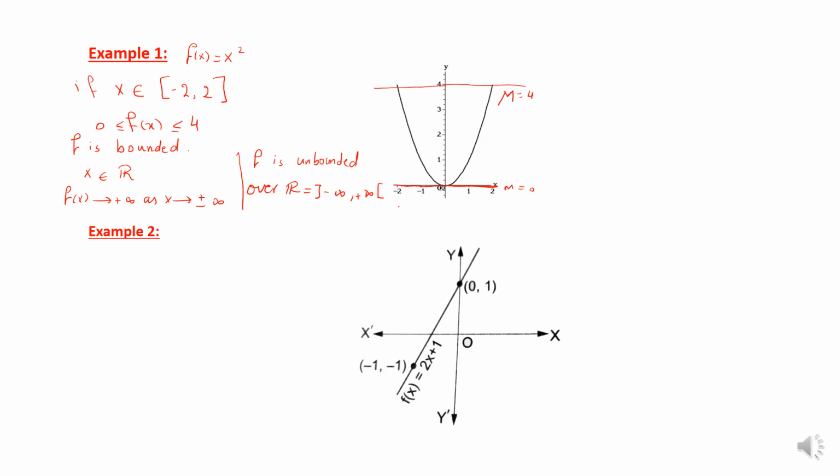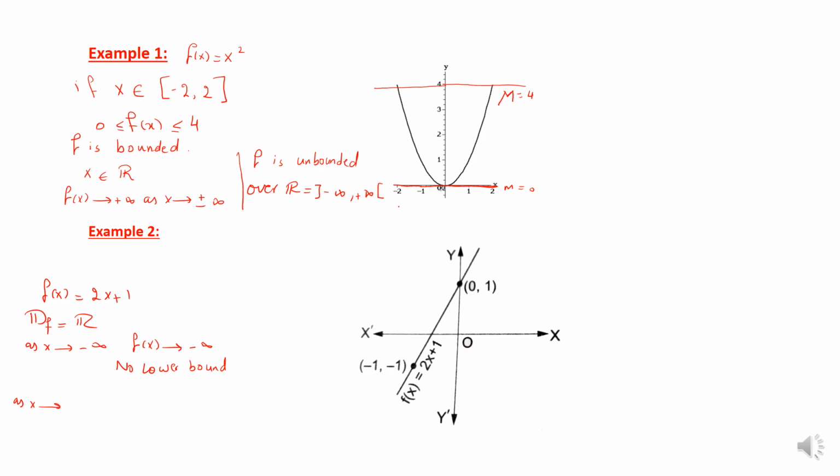Now the same function can be bounded over an interval and unbounded over another interval. Let's take the linear function, domain R, f of x equals 2x plus 1. Over R, as x tends to negative infinity, f of x tends to negative infinity, so no lower bound.